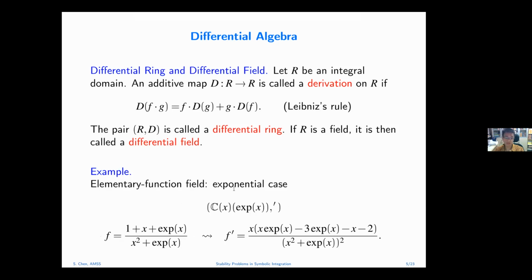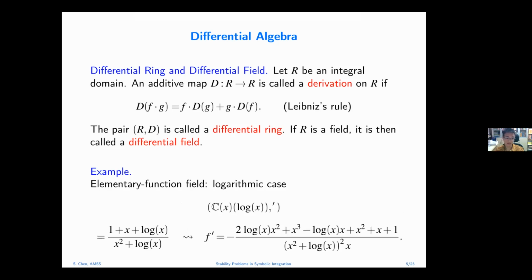And also you can define the transcendental extension when you add an exponential, and then you can also differentiate using the Leibniz rule. So in this way, we can turn the field of all elementary functions into a differential field by using this derivation rule.